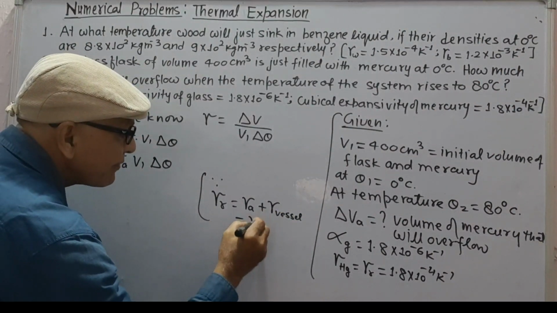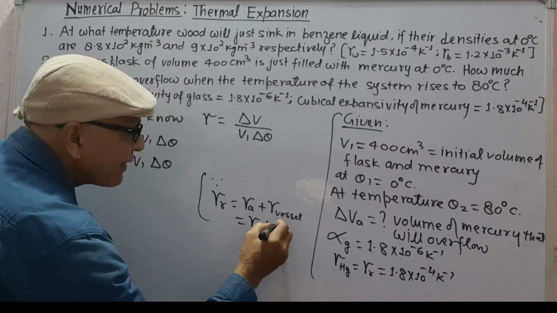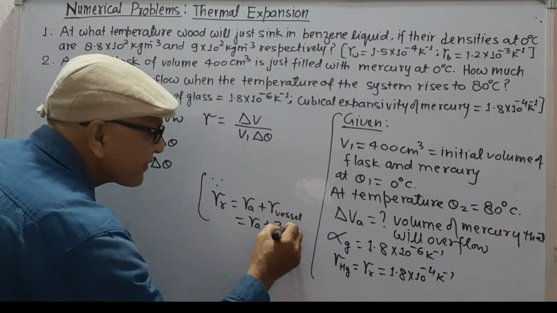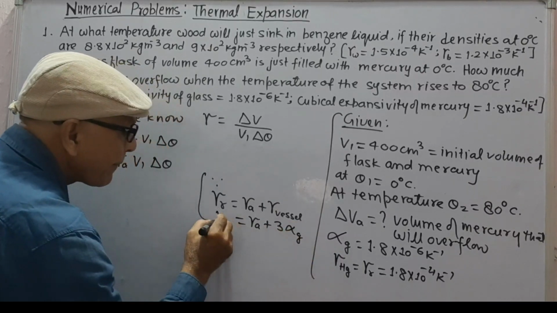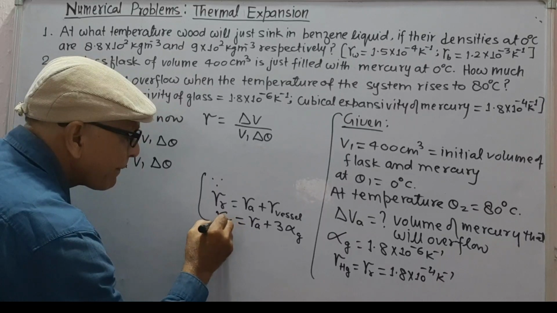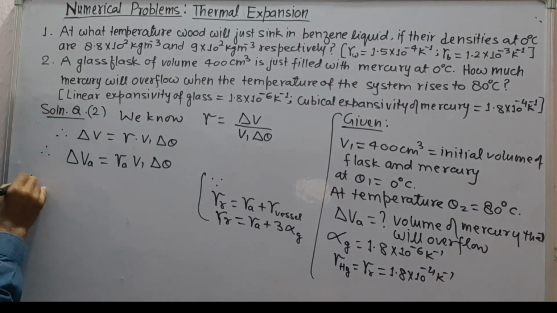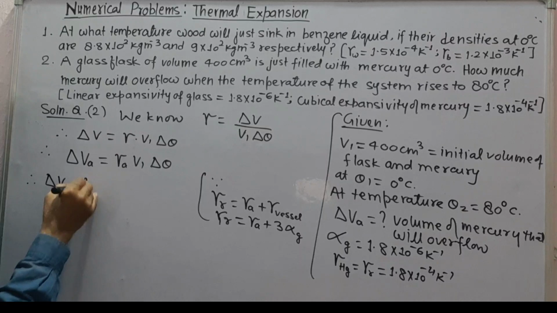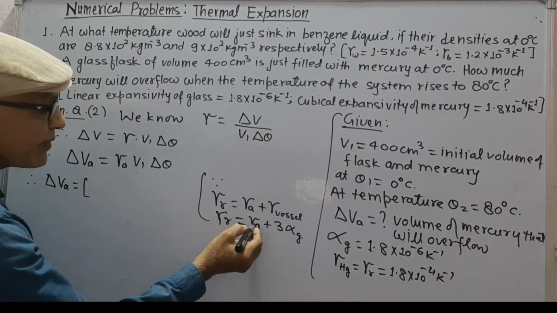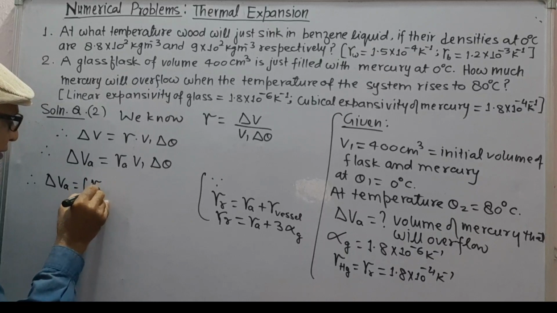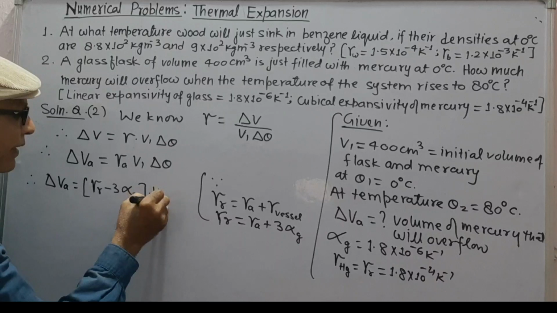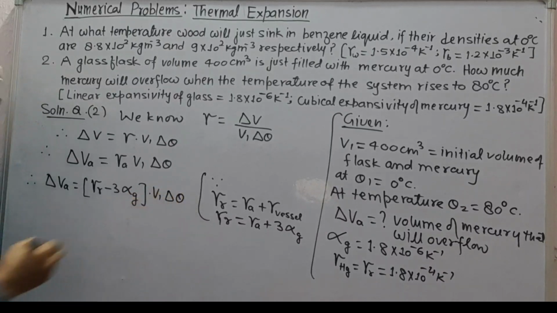This will be gamma apparent plus 3 alpha vessel, and vessel is that of glass, 3 alpha glass. Therefore, delta V apparent will be equal to (gamma real minus 3 alpha glass) into V1 into delta theta.